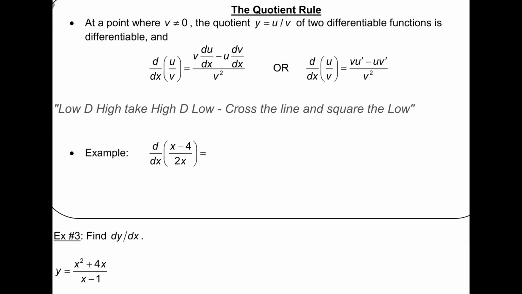So low d high: you take the one on the bottom times the derivative of the one that's high, the top. Take means subtract. High, the top function, multiplied by d low, the derivative of the low one. Cross the line, and then you square the bottom one, the low one.